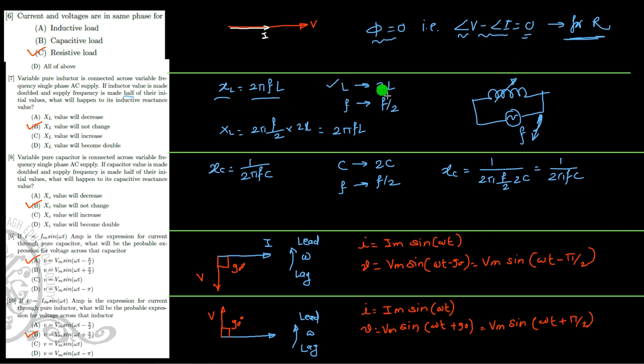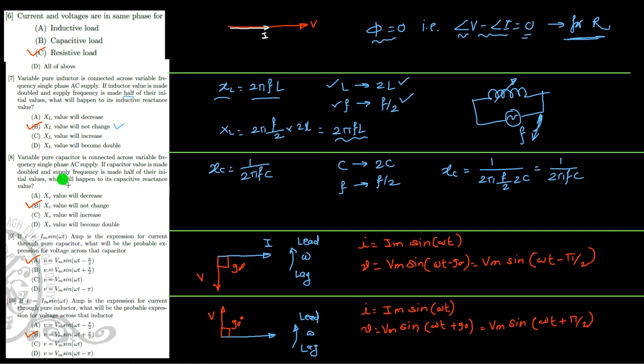So L is changed to 2L and frequency is made half, F by 2. What will happen to the inductive reactance? XL is equal to 2 pi FL, so F is changed to F by 2 and L is changed to 2L. The 2 will get cancelled, and again you are getting 2 pi FL. It means the XL value will not change, because we are changing both: the frequency is halved and the inductance is doubled, so it is the same.